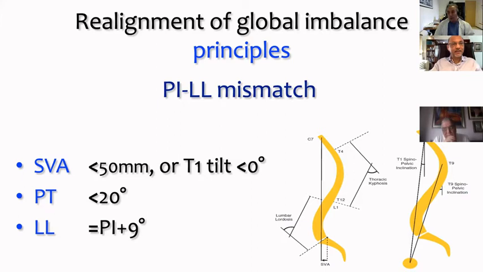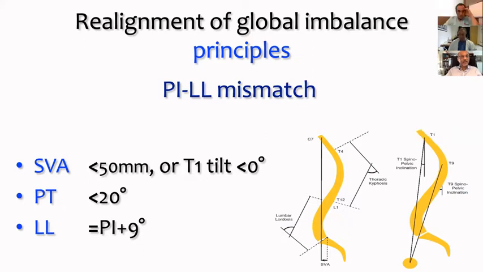We all know what the PI-LL mismatch is. But this is not sufficient, and it's not all about correction. It's a myth about PI-LL mismatch, and Jean-Charles Louek showed us the same values with different spines.